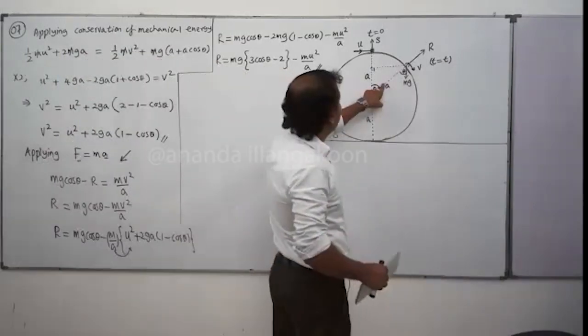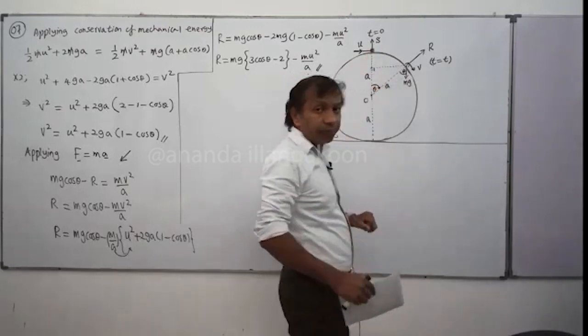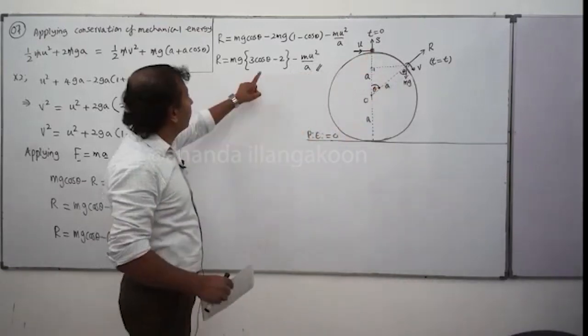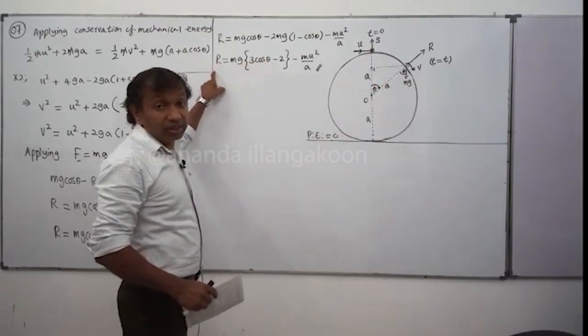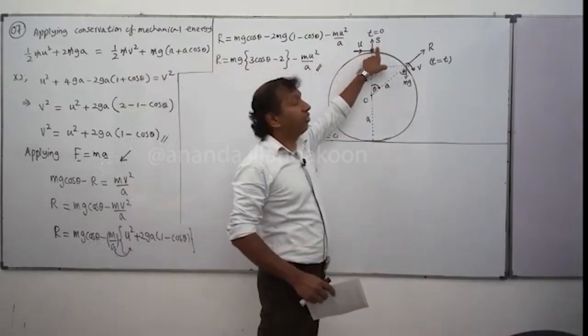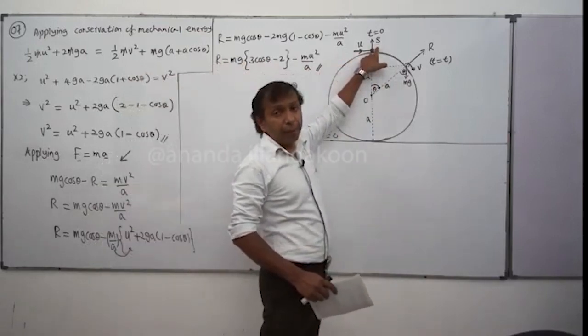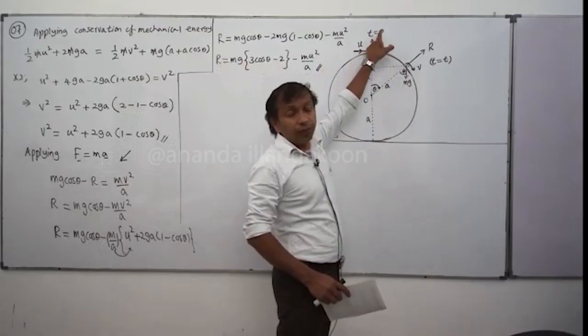theta is 0, the particle is here. Then putting theta 0 here, we can find this R. That answer for R is the answer for S, the normal reaction at t equals 0.